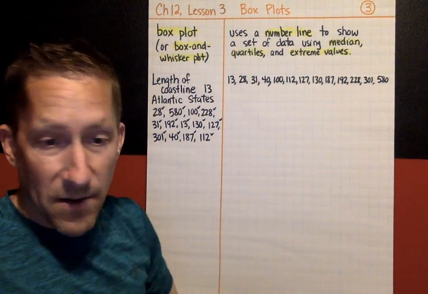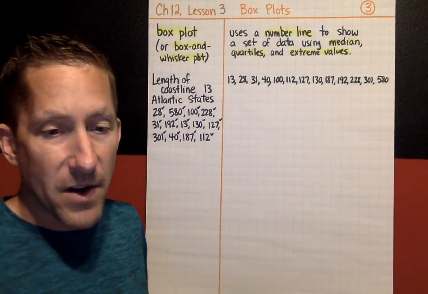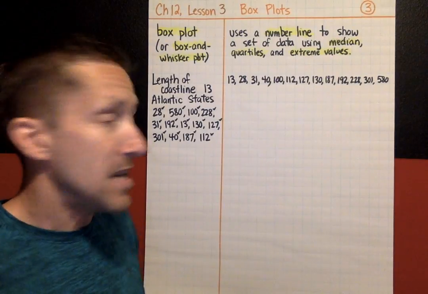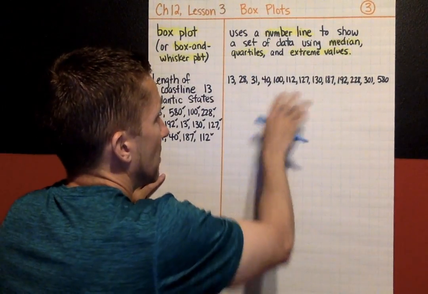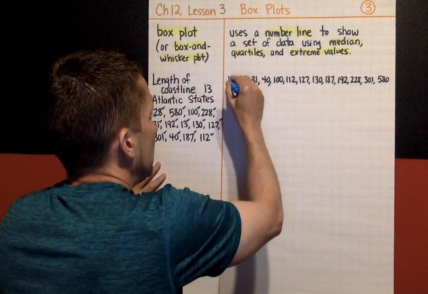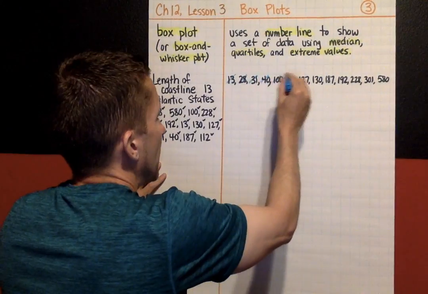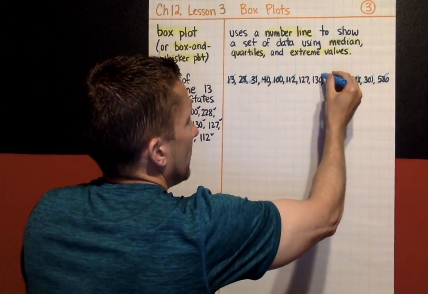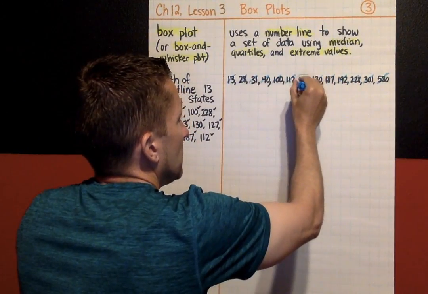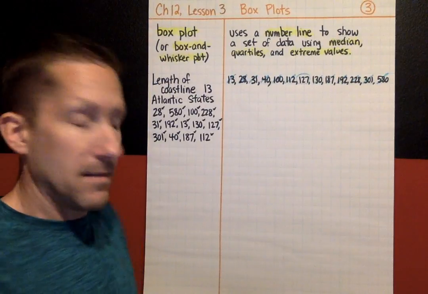Okay, so now I'm going to get a highlighter here, and I'm going to cross out till I get the very middle. That is our median. So I've got 13 numbers, so that means I can cross off 6 off both sides, and I should have 1 in the middle. 1, 2, 3, 4, 5, 6. 1, 2, 3, 4, 5, 6. So this 127 is the median.